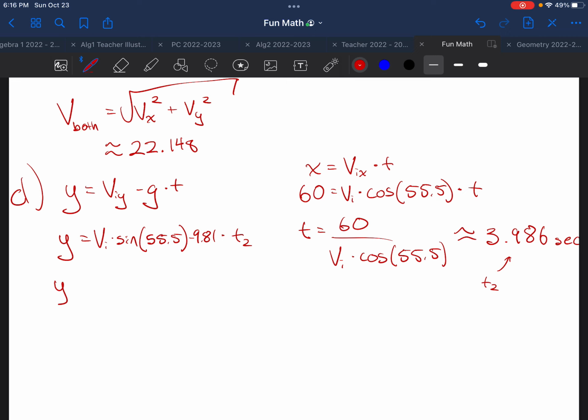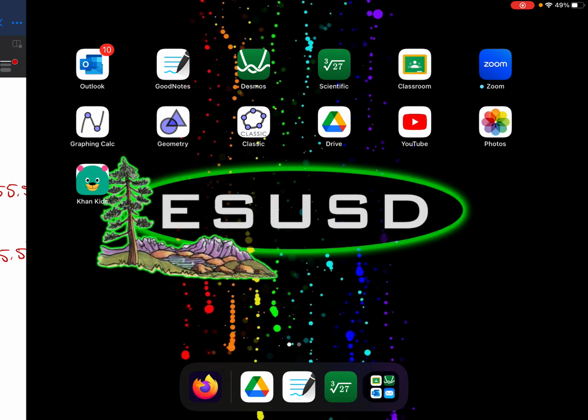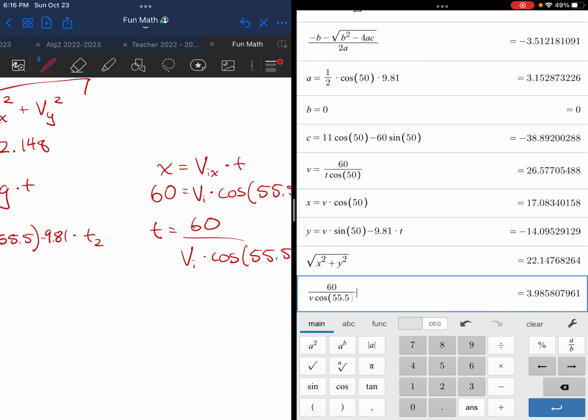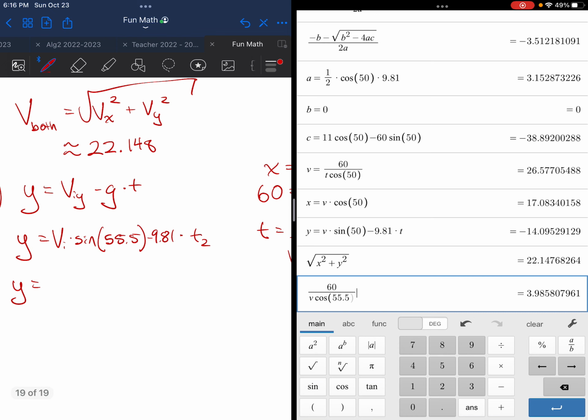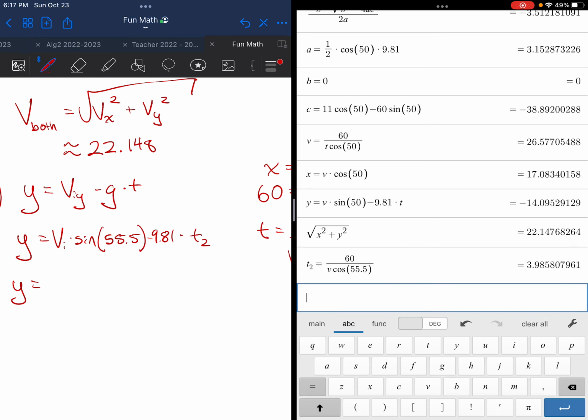Well, let's see what that is. So y is equal to, calculator, come back. I want to call that thing t2, so if I just type a 2, it should do subscript, right?